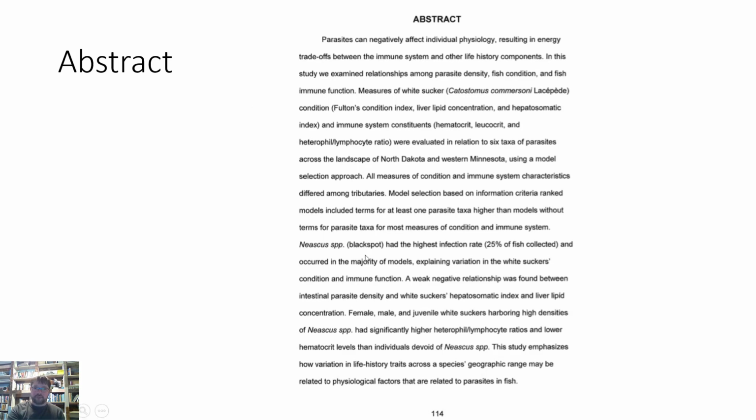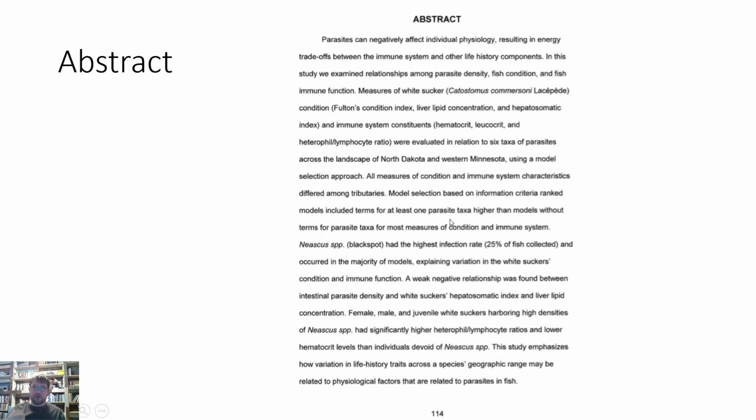So when I get down in here to the methods, okay, I talk about statistical methods here. I say model selection based on information criteria rank. Okay, models included terms of at least one parasite taxa higher than models without terms of parasite taxa for most measures of condition or immune system.